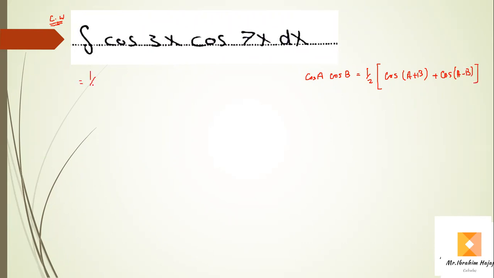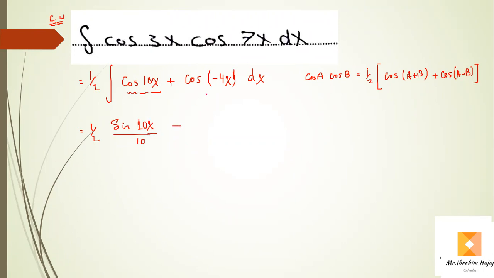We have 1/2 the integral of cosine 10x plus cosine negative 4x, dx. The integral of cosine 10x is sine 10x over 10.